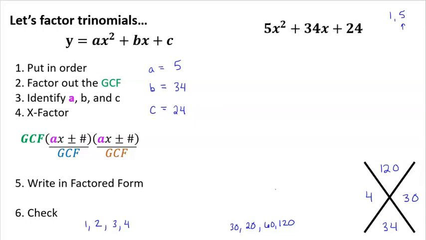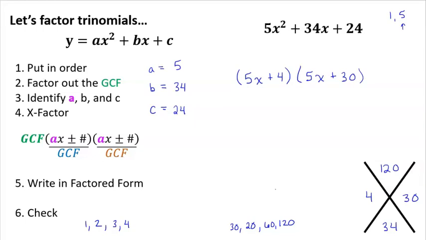So for this one, I didn't have that initial GCF. And then I have A, which is 5, x, and then plus 4. And then I'm going to do the same thing for this one, 5x, and then plus 30. And then don't forget we're looking for a GCF inside those individual parentheses.